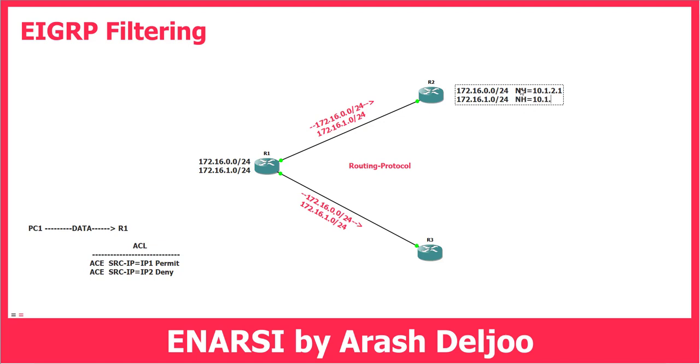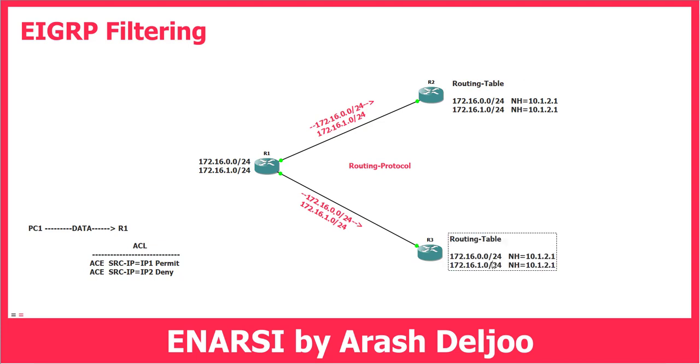This is the normal behavior without using any type of routing update filtering. This is the routing table of router 2, and here we have the routing table of router 3. 172.16.0.0/24 and 172.16.10.0/24 can be accessed from the next hop of 10.1.3.1 here. That's it. This is the normal behavior.